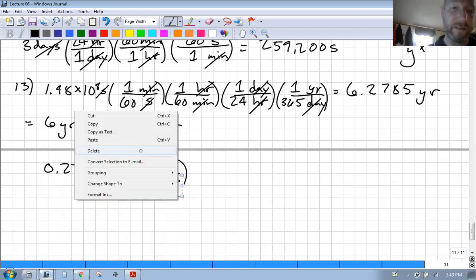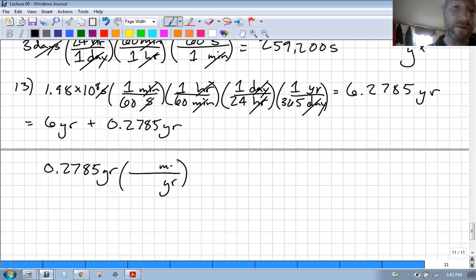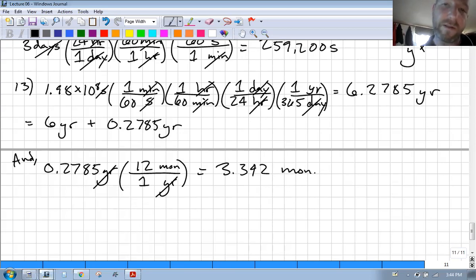Let's get rid of years in favor of months. 1 year is 12 months. Years are gone. So 0.2785 times 12 is 3.342 months.